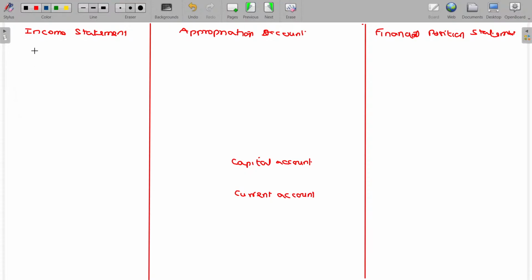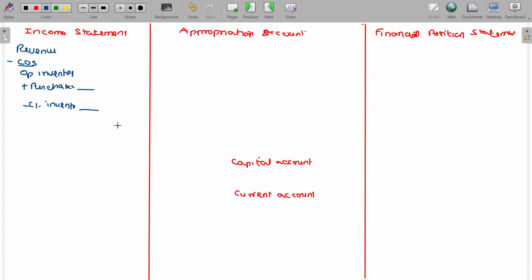I'll finish off writing the basic format: revenue minus cost of sales. Under cost of sales, opening inventory plus purchases minus closing inventory.